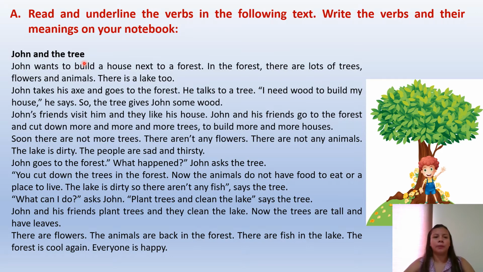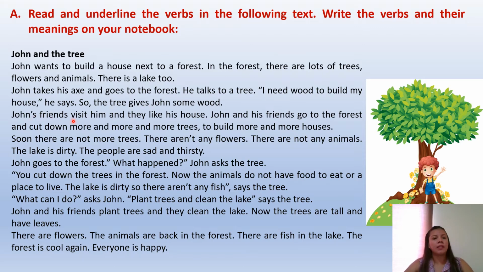John and the tree. John wants to build a house next to a forest. In the forest, there are lots of trees, flowers, and animals. There is a lake too. John takes his axe and goes to the forest. He talks to a tree. I need wood to build my house, he says. So the tree gives John some wood.